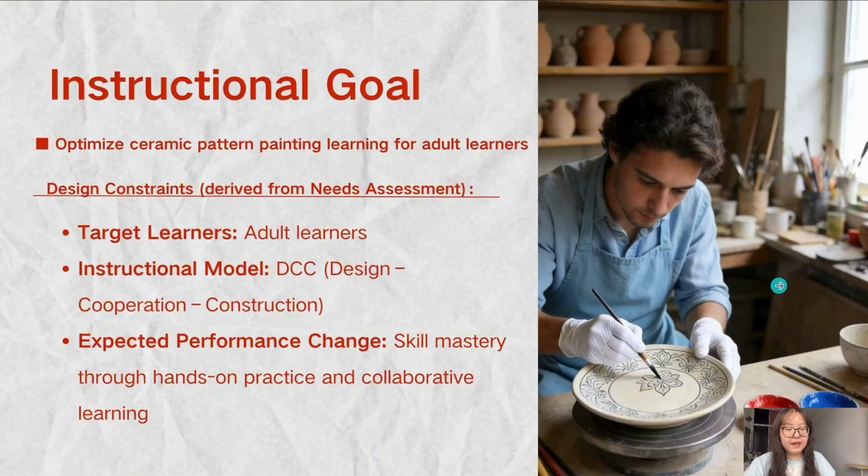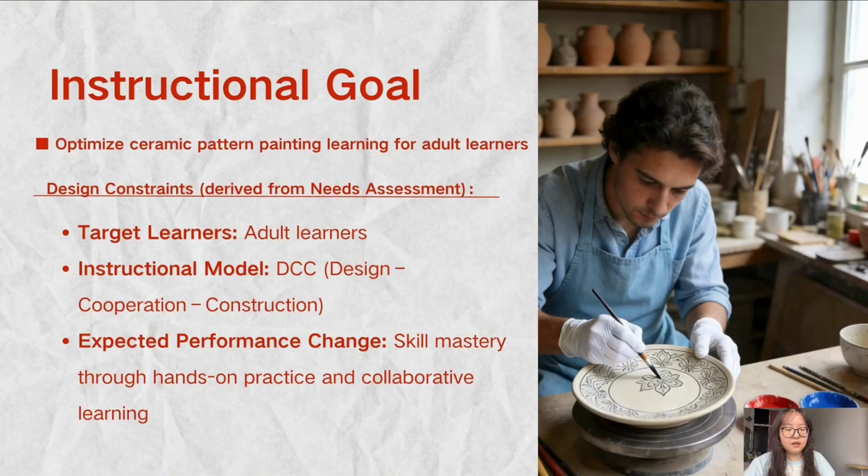First, I will explain our instructional goal. The goal of this instructional design is to optimize ceramic pattern painting learning for adult learners. This goal was derived from the needs assessment conducted in Assignment 1, and it functions as a design constraint for the entire instructional process.